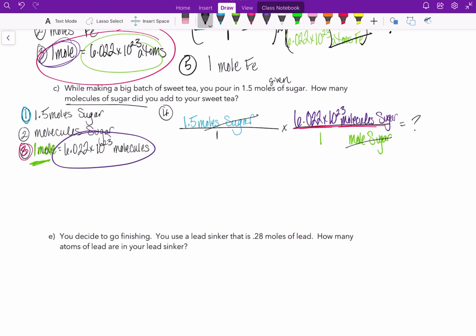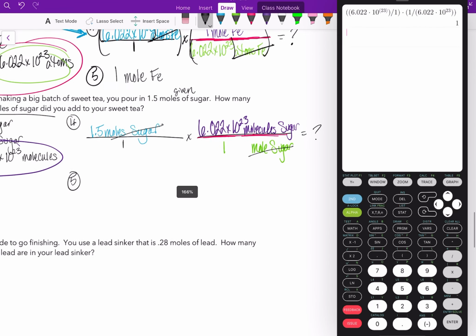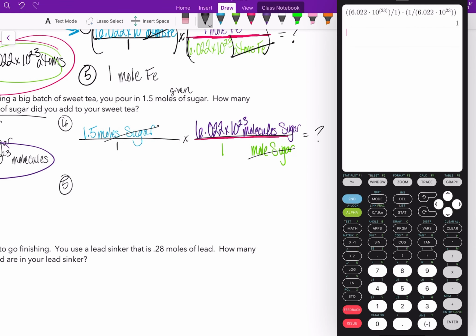Setup looks really good. And let's talk about how to put this in our calculator. So same thing, we are going to put each of the fractions in parentheses. And anytime you see scientific notation, it gets extra parentheses. So we've got parentheses, 1.5 divided by 1 times, we'll nest those parentheses, and then divided by 1.